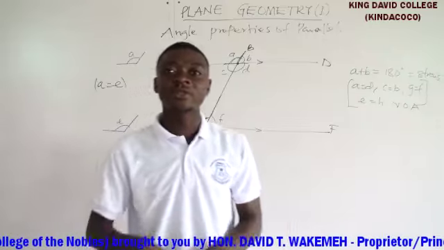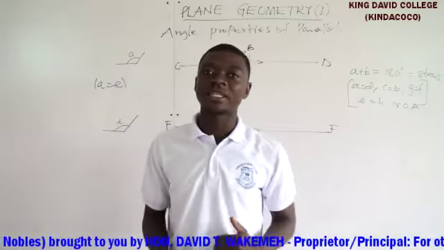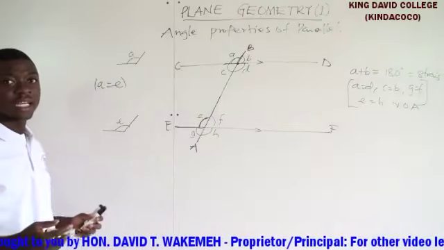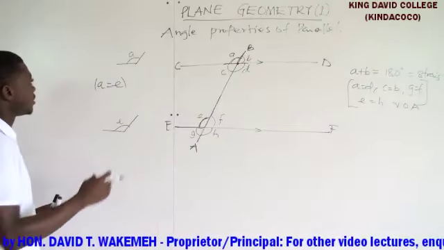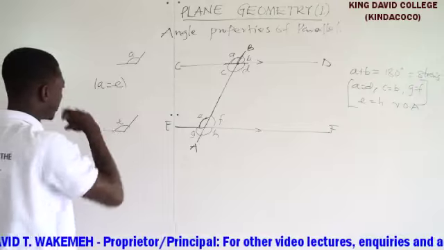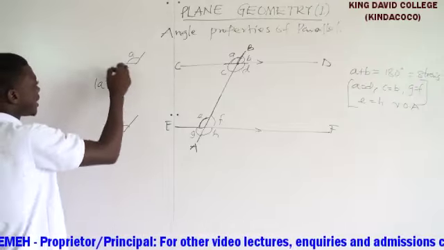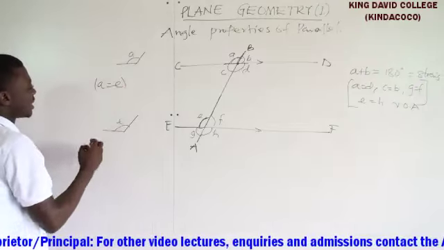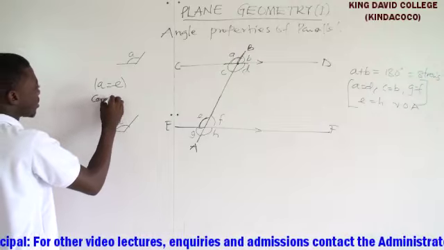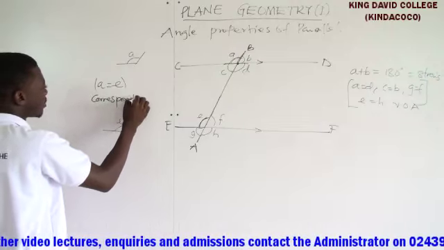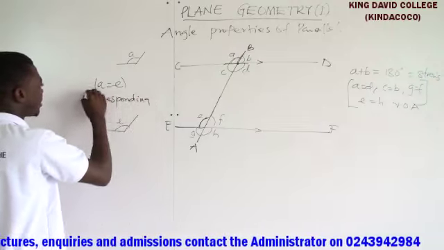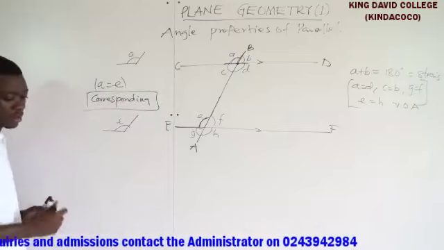And A and E being the same, the name given to that is corresponding angles. When you look at their exact position, you check here and see that this is the same orientation. So this and this are corresponding angles. Fine. Established.